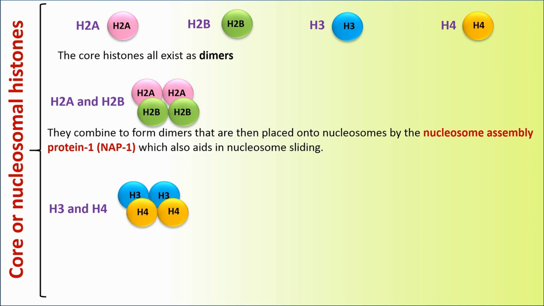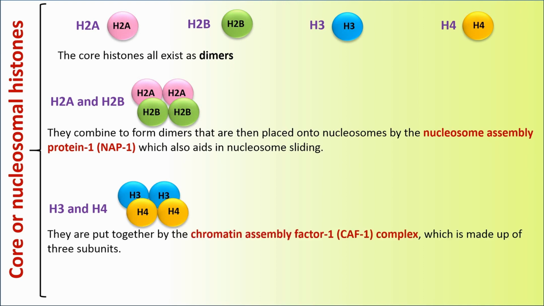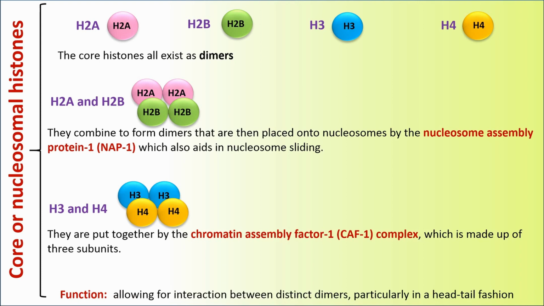H3 and H4 are put together by the chromatin assembly factor 1, or CAF1 complex, which is made up of 3 subunits. Core histones function, allowing for interaction between distinct dimers, particularly in a head-tail fashion.